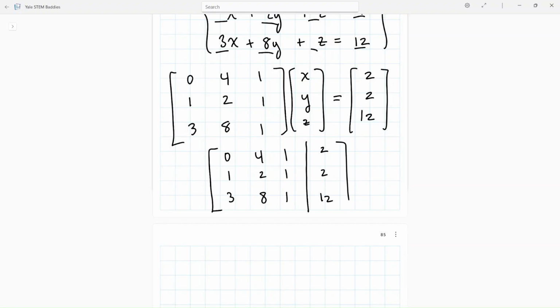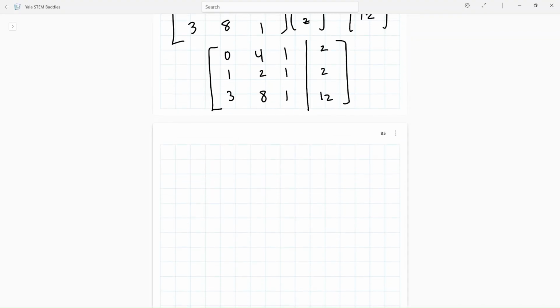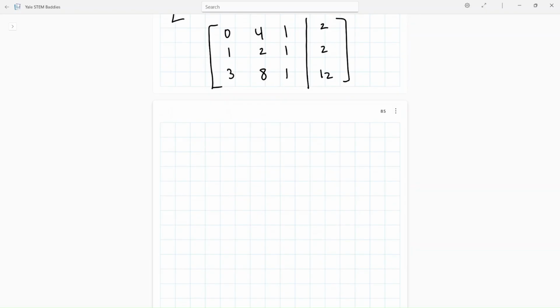This is just a matrix that excludes the variables, because we can memorize X, Y, and Z. That's not really important. Now let's use our row operations to put this into reduced row echelon form and find our solution.